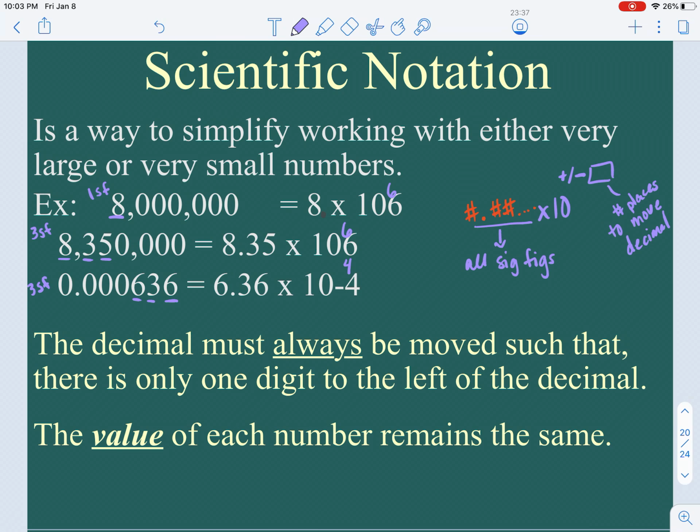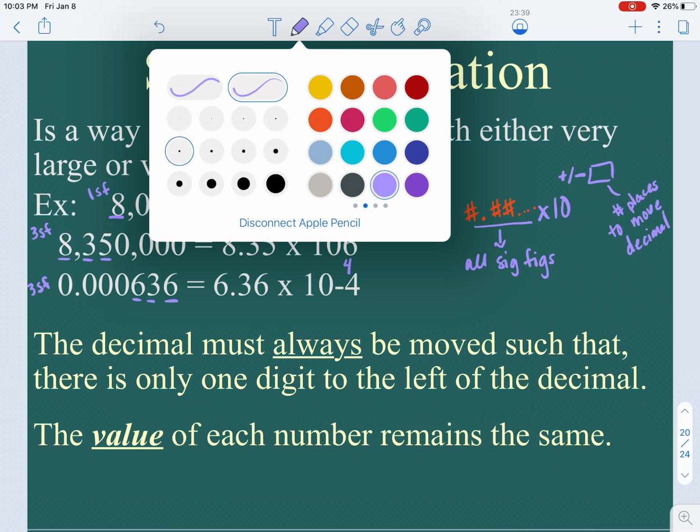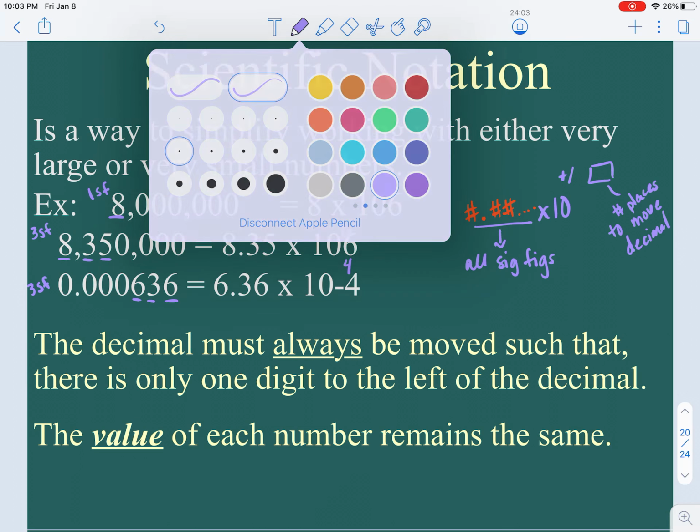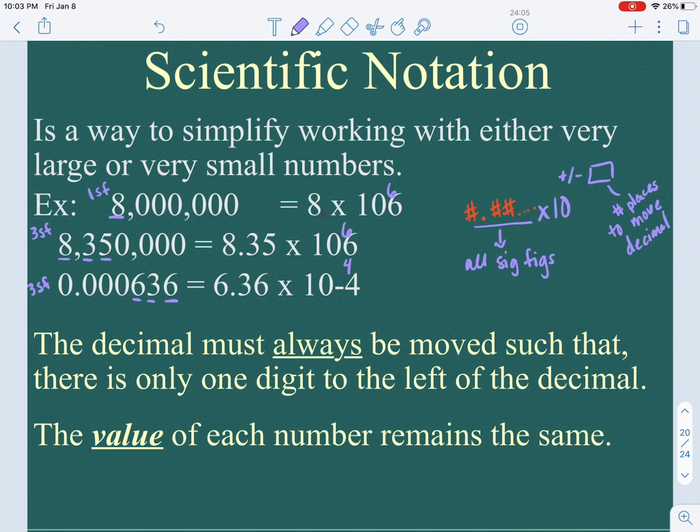I want you to know up front that you are going to be asked to take numbers that start in scientific notation, and you're going to produce what that answer is in standard notation. You are also going to be asked to take a number expressed in standard notation, and you are going to produce the scientific notation. So because I'm asking you to go both directions in our scientific notation format, I'm going to be very careful about how I explain whether things are positive or negative.